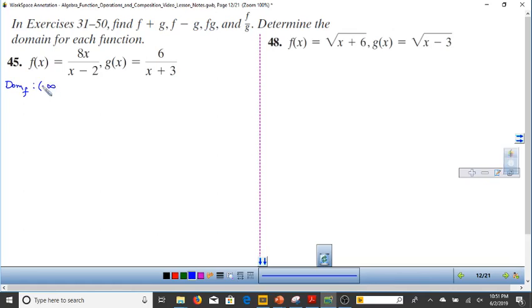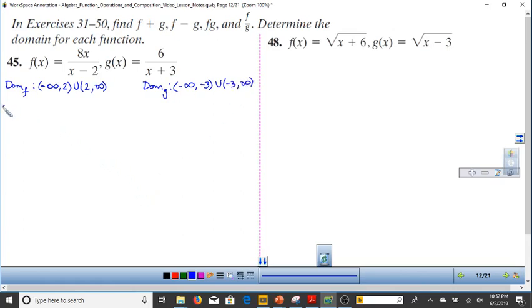So negative infinity to 2 and 2 to infinity. And the domain of g is negative infinity to negative 3 and negative 3 to infinity.